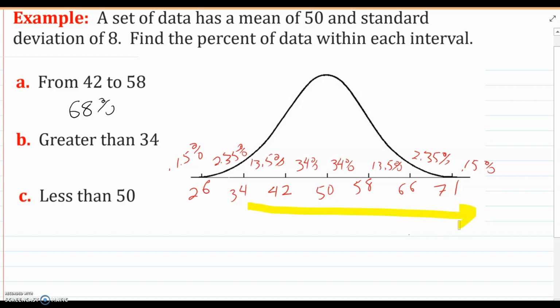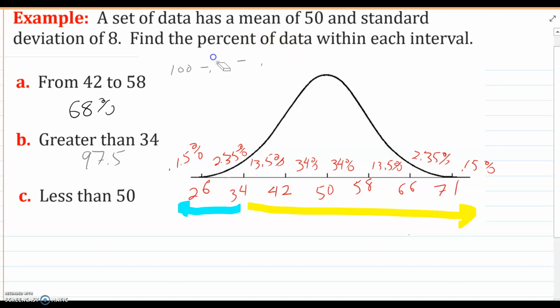Now, a couple ways to do this. Number one, you could say that it's going to be everything except that, which in this case would mean it's going to be 100% minus 0.15 minus 2.35%, which is going to get you 97.5%.